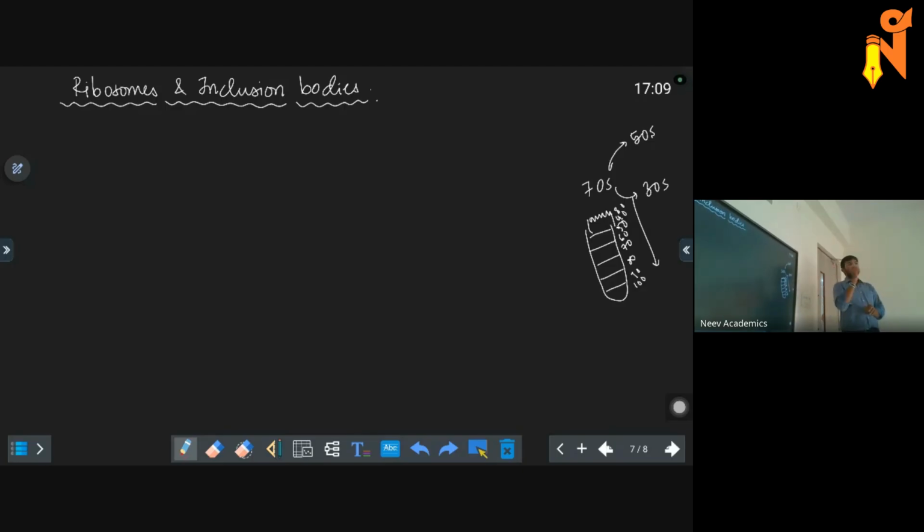Now, if I rotate that in the centrifuge, the parts of this cell culture will get separated according to their density. That means if some structure has a density of 70, it will be separated here. If some has a density of 50 or 30, it will be separated like this.